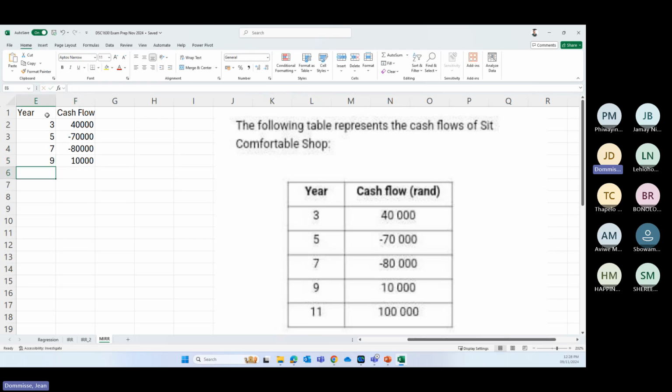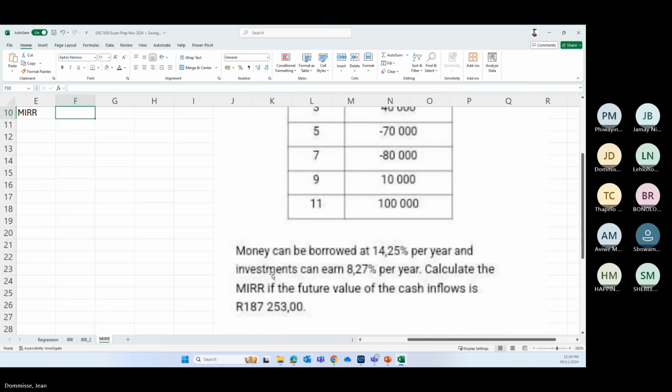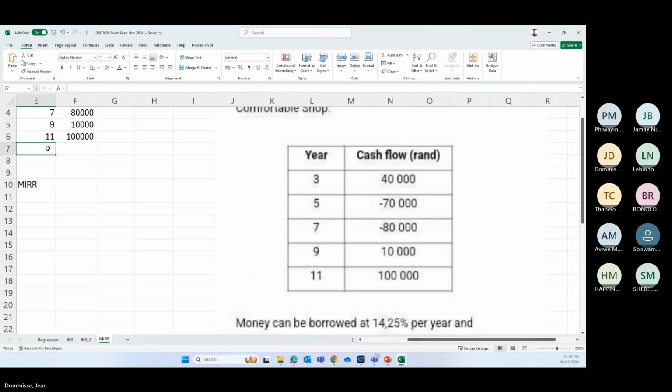So according to Excel, this will be 1, 2, 3, 4, 5 years. Okay, so let's just see what we are getting, and then if it's needed, we can add the other years and things like that.